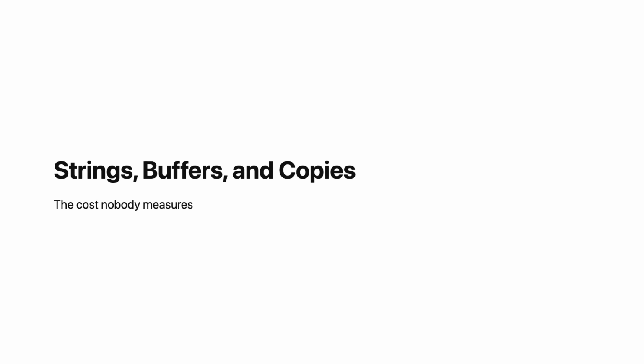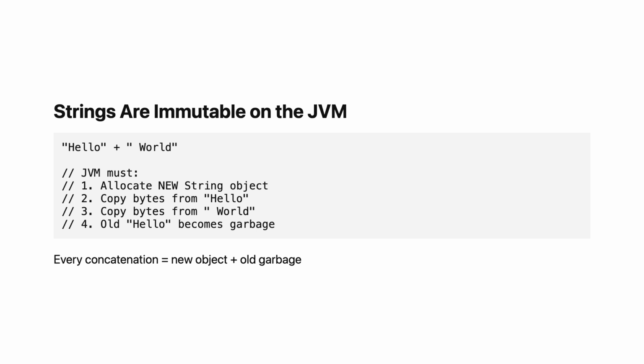Let us start with the fundamental fact that explains everything else. On the JVM, strings are immutable. We covered this in the mutability video, but now let us explore the consequences. When you have a string hello and you call plus world, the JVM cannot just append bytes to the existing object.